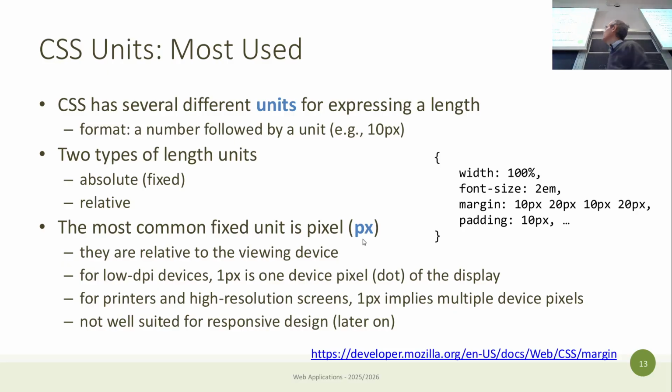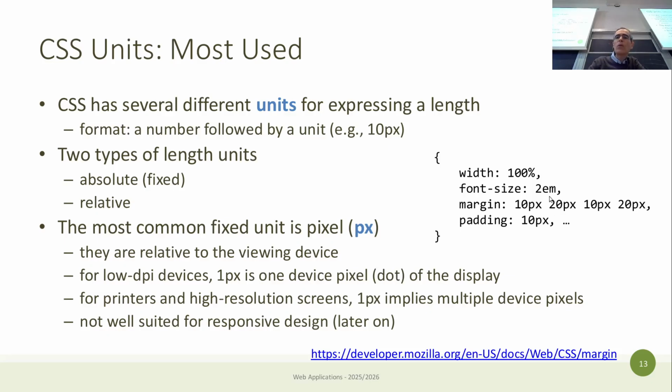But it's not really good because sometimes we want relative sizes, because you want to be able to resize the window. If everything stays the same, it's not convenient because you would like to shrink or enlarge things in the window, right? So sometimes specifying pixels directly or fixed units is not so good, okay?